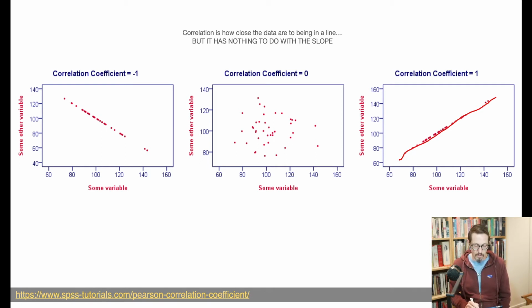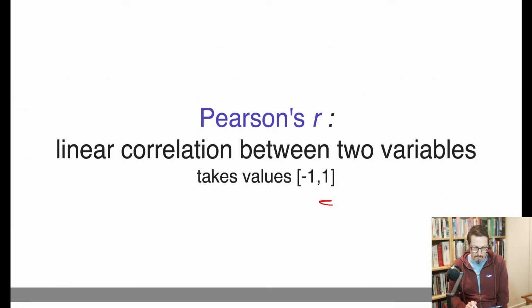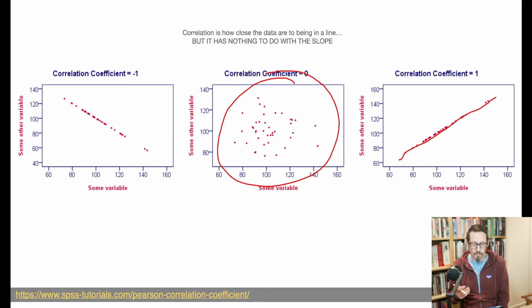A correlation of 0 has no line at all. It's just a blob. So that is not correlated. And so with this version of Pearson's R, from -1 to +1, -1 is a negative line here, a negative slope.